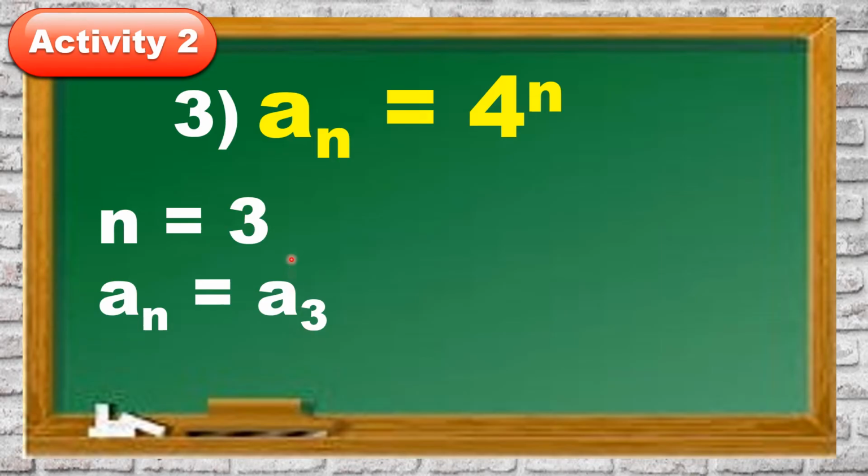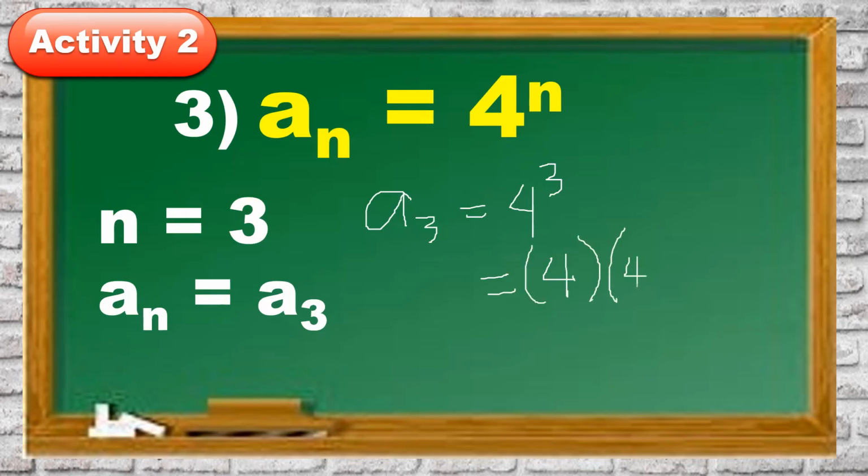Now, we are going to get the third term. So, replace lang natin yung value ng n ng 3. So, a sub 3 is equal to 4 raised to 3. Pero inuulit ko ha, ang 4 raised to 3 is not equal to 4 times 3. 4 raised to 3 means we are multiplying 4 3 times by itself. Therefore, we have 4 times 4 times 4, which is equal to 64.